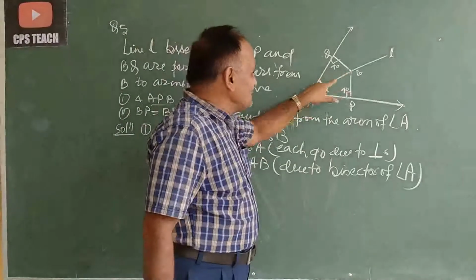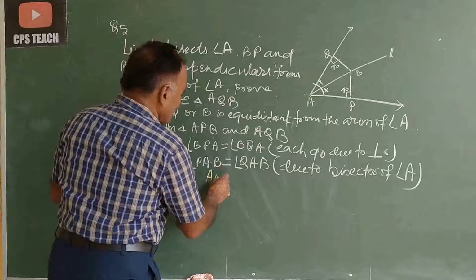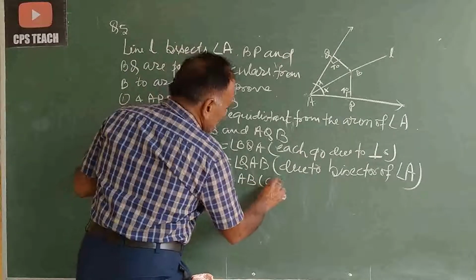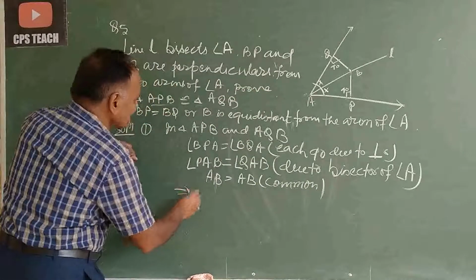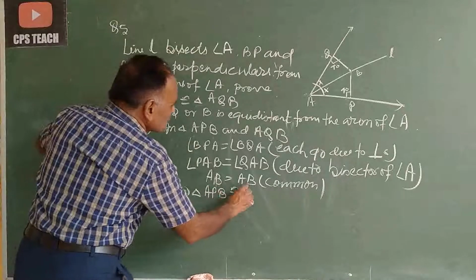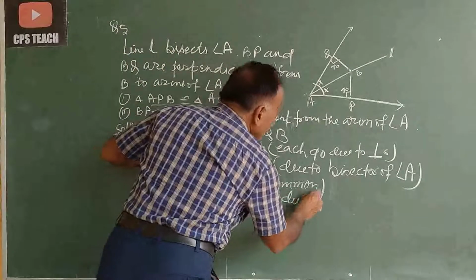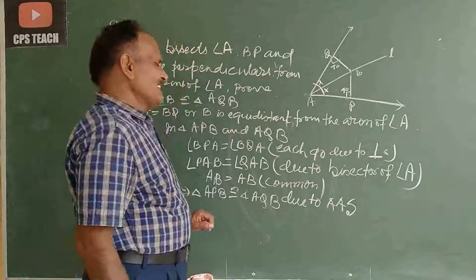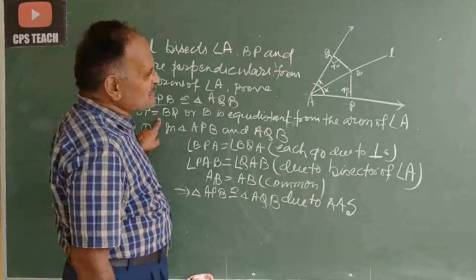Then one side AB is common in both the triangles. AB बराबर AB, it is common. This implies triangle APB congruent to triangle AQB due to AAS. These two triangles are congruent, and now second, BP is equal to BQ.